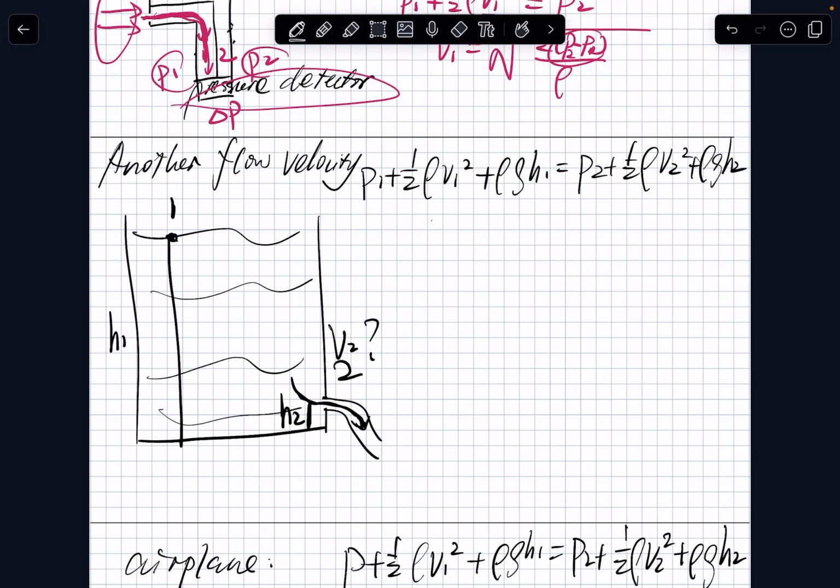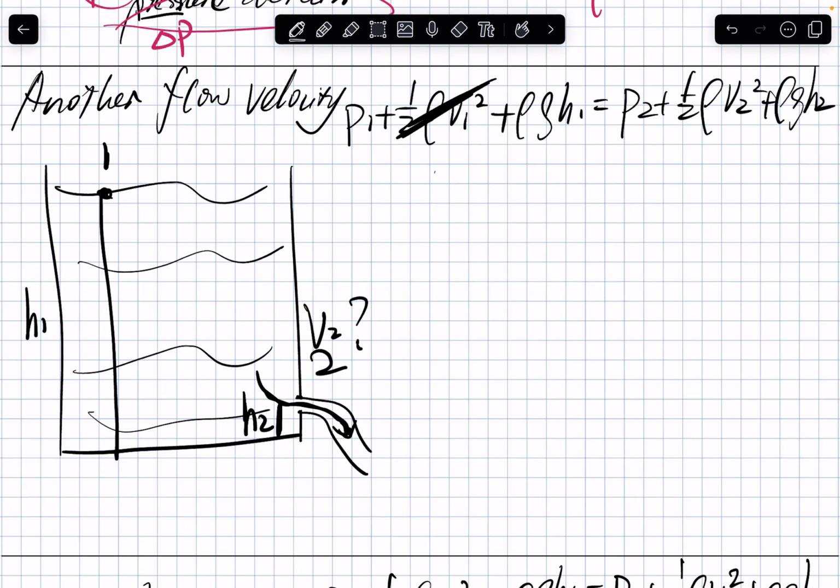So we need to analyze the three terms again, okay? In this case, we're not going to cancel out the third term because there's an H difference, right? H1 and H2 have different heights. They're not on the same level. So we're not going to cross it out, but we're going to cross out the 1/2 rho V1 squared term. Why? Let me show you.